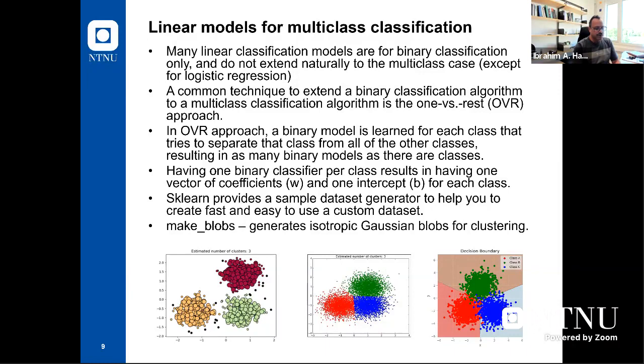sklearn provides some samples. We can work with iris directly, but I prefer to start with a dataset generated by sklearn. sklearn provides sample dataset generators to help you create custom datasets quickly and easily. We can generate toy datasets or customized datasets.